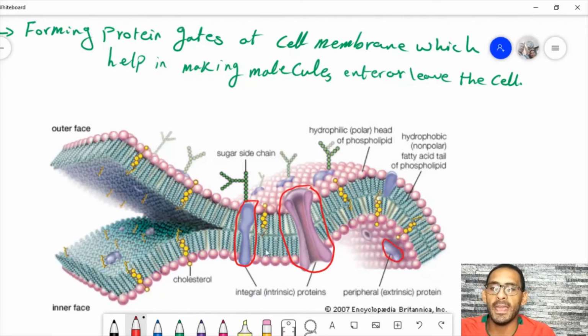These proteins act like gates, like let's say the sodium potassium pump, which helps in moving the sodium and the potassium inside and outside of the cell. A gate like this is made entirely out of protein. So proteins are important.